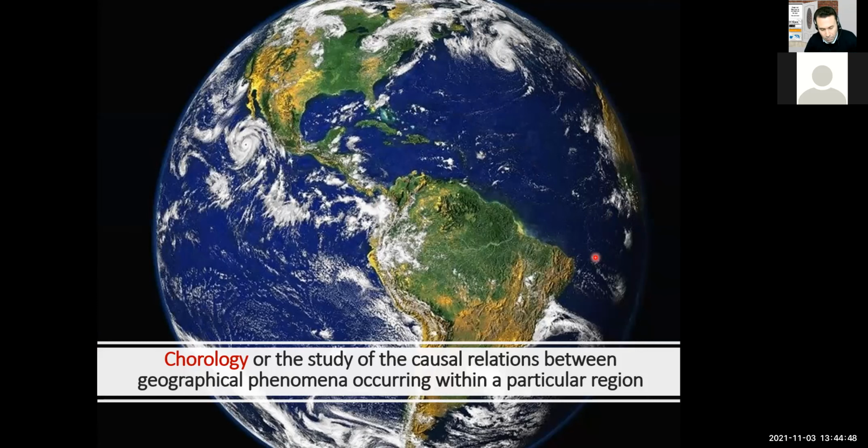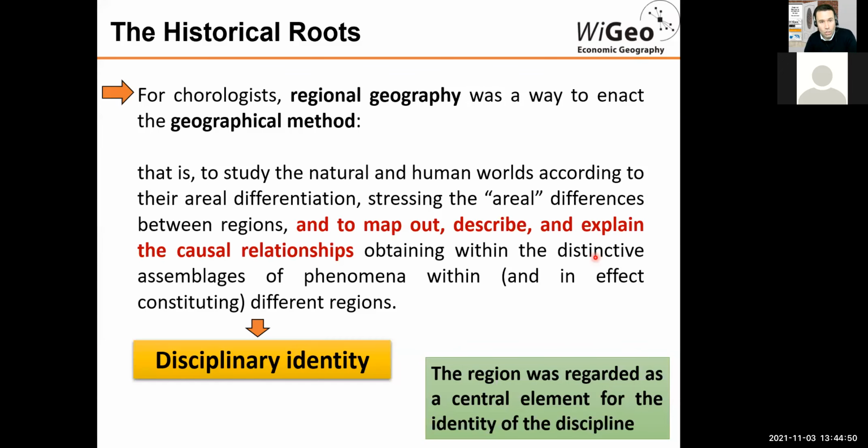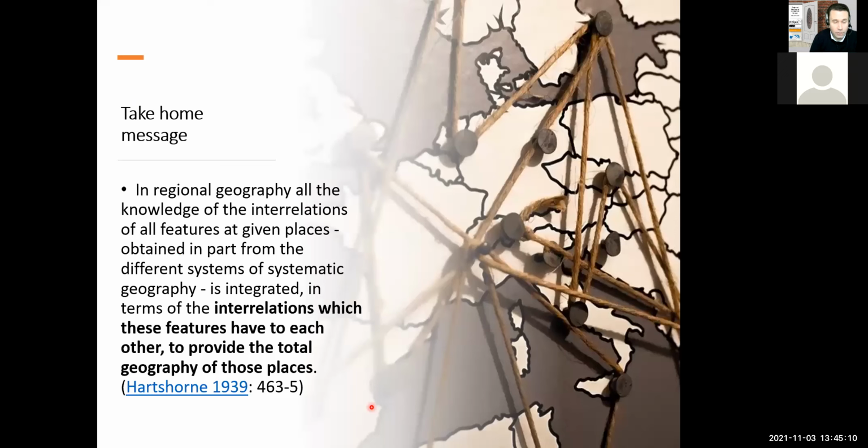So if you ask me what makes this new regional geography, I explore further on, is that they become more concerned about understanding the relationships involving disciplines and involving different phenomena as well. So this helps to contribute to the disciplinary identity of regional geography.